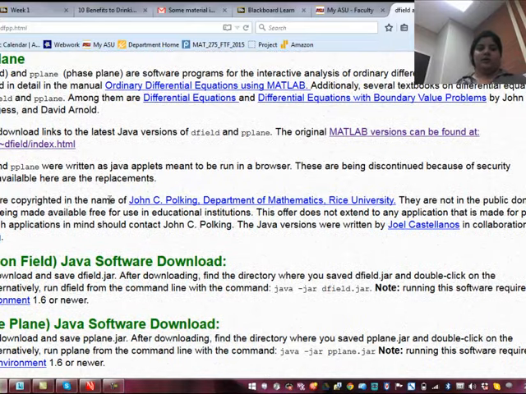You can download this on your computer, and they do have a MATLAB version as well.